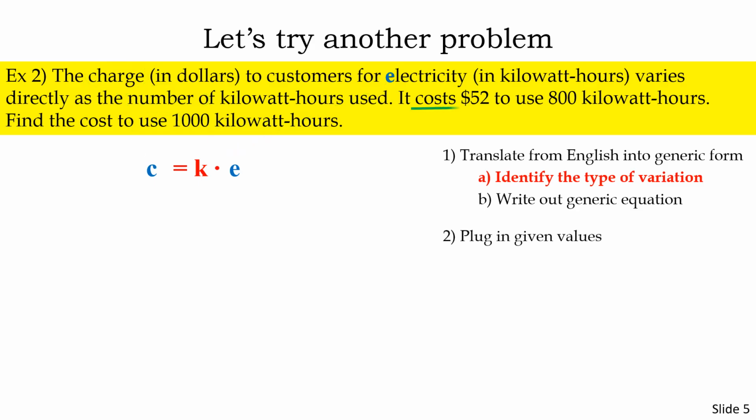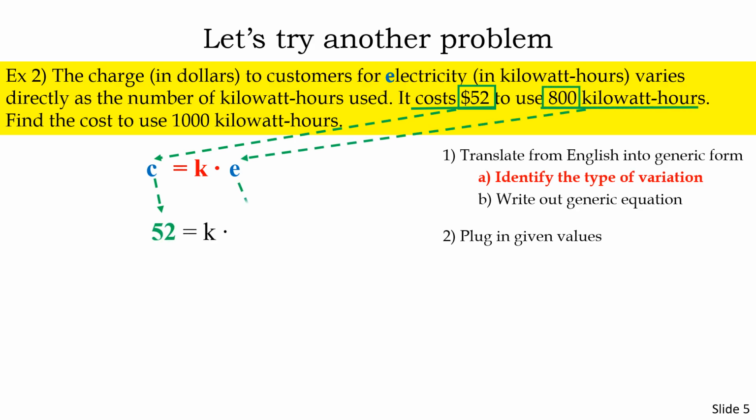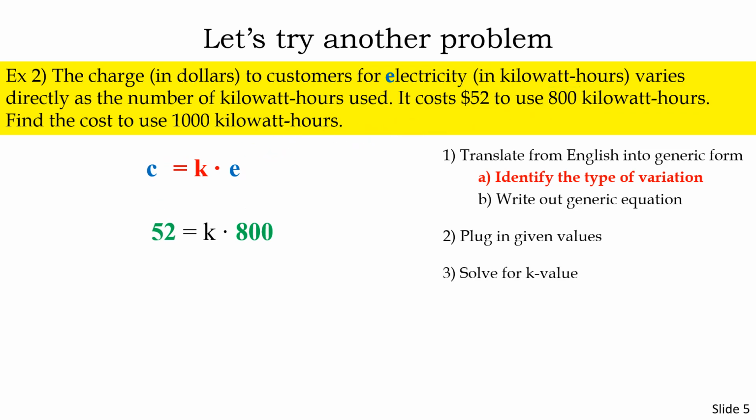Plug in the values given. We're told the cost was 52 when the electricity used was 800. Solve for k. 52 over 800, 26 over 400, 13 over 200, or 0.065, depending on how you need to use it. I'm going to go with the decimal.